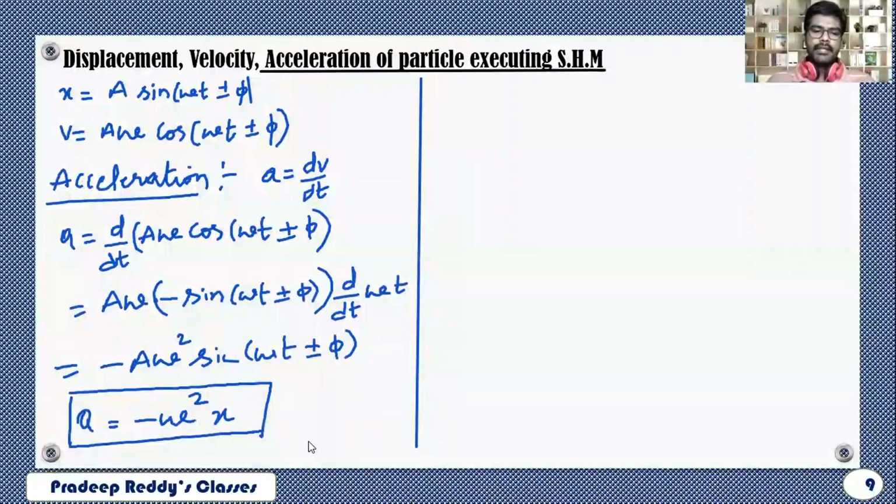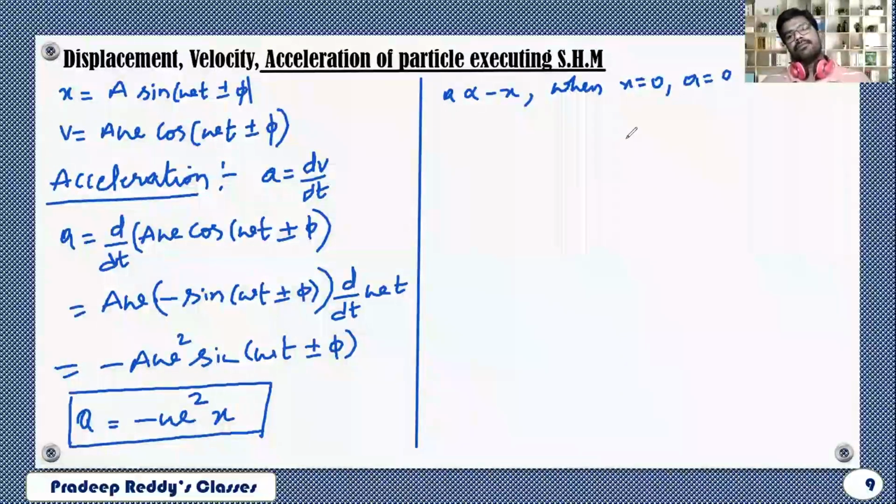And clearly a is directly proportional to minus x. Therefore, when x is equal to 0, a is equal to 0. Displacement of particle is 0, then acceleration will be equal to 0. When x is equal to maximum, acceleration of the particle will be maximum, but it is in opposite direction.